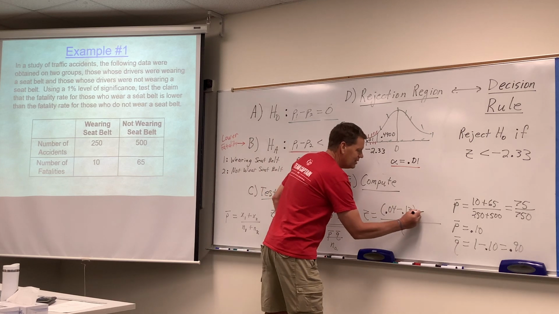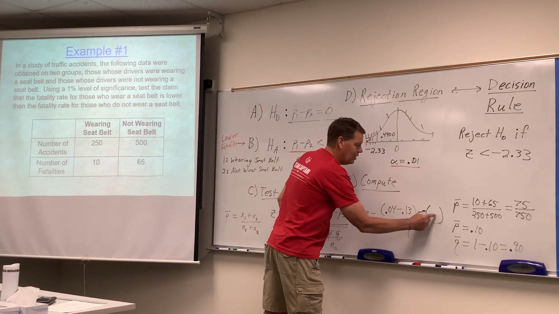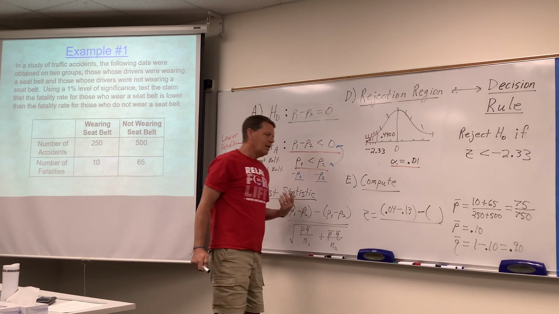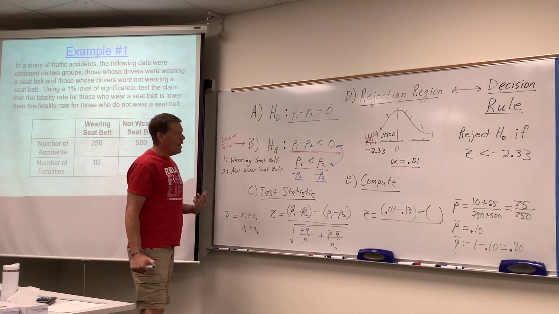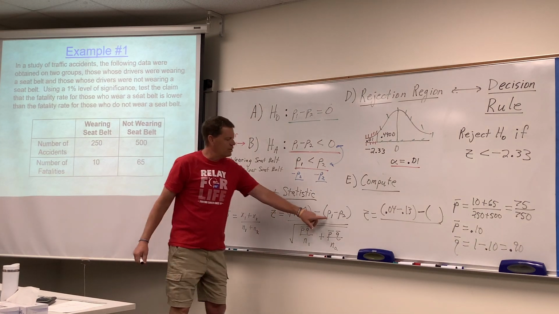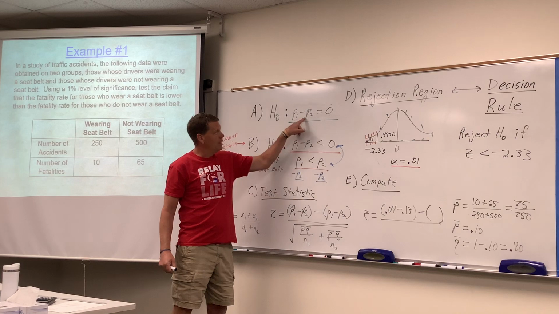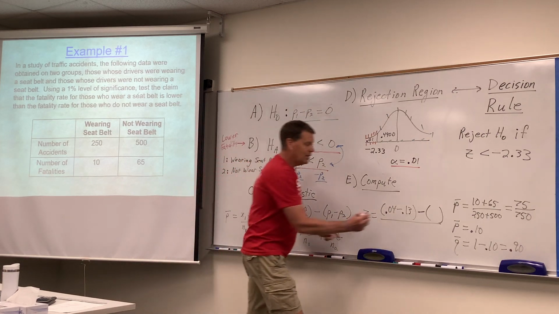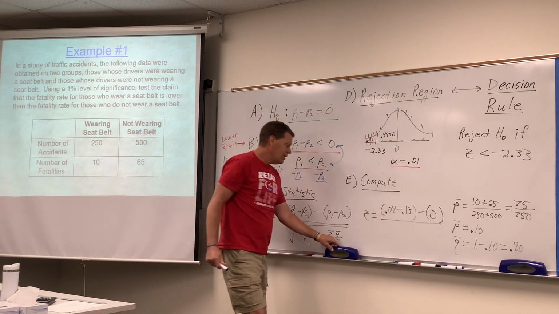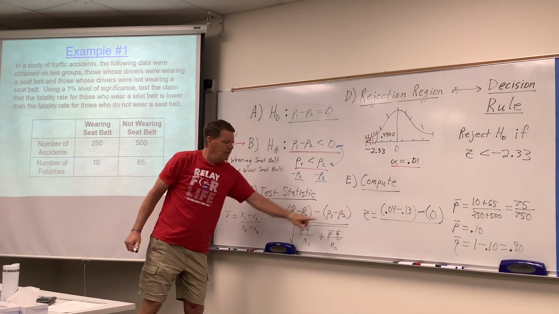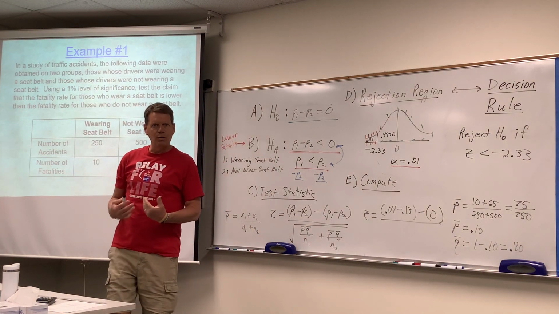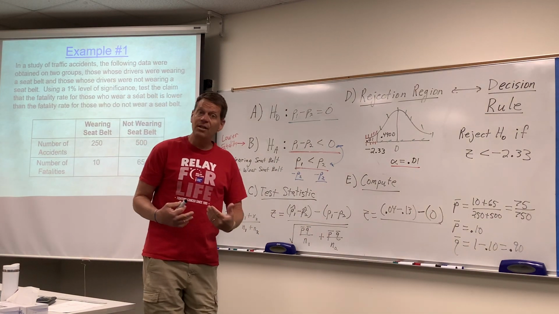Now, here's the interesting thing on this. You don't have much room to put that there. Fortunately, I don't need much room because I want to remind you, we're assuming that the difference in the population percentages is 0. And I'm just going to tell you that for the questions I'm giving you on this, that'll be the case. That assumed difference between the two populations will be 0.